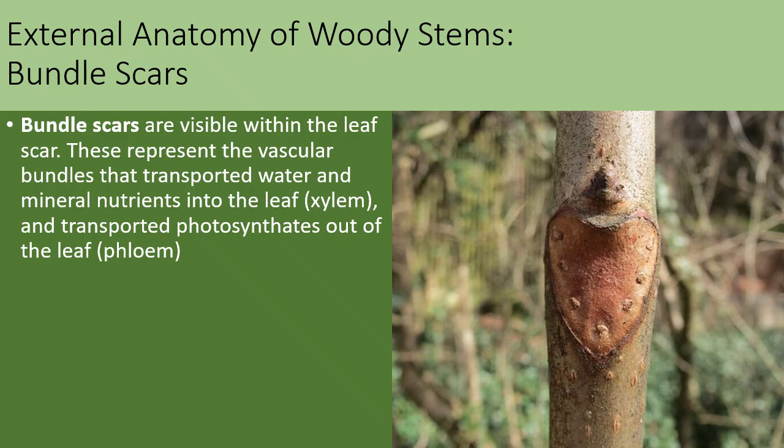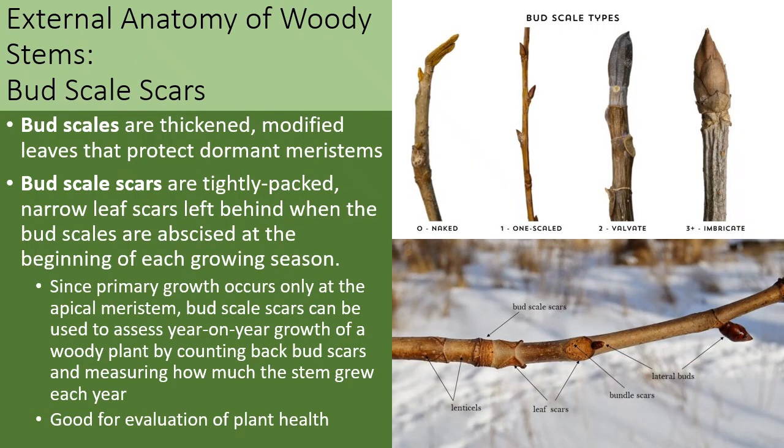Those bundle scars represent the vascular bundles which were transporting water and mineral nutrients into the leaf through the xylem, and which were transporting photosynthates like sugars and amino acids out of the leaf through the phloem. And that's a feature that can be useful for the identification of certain groups.